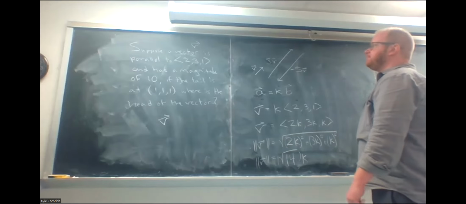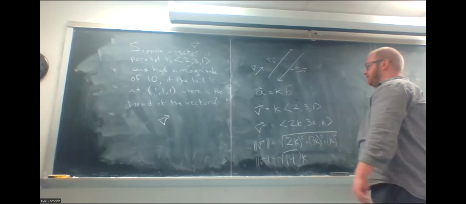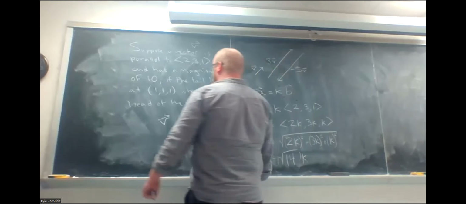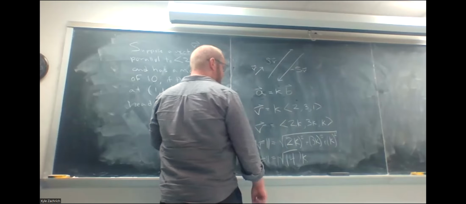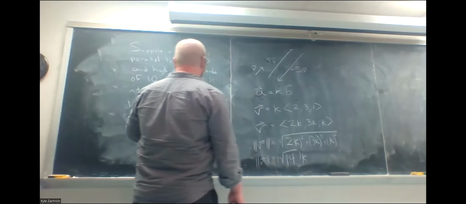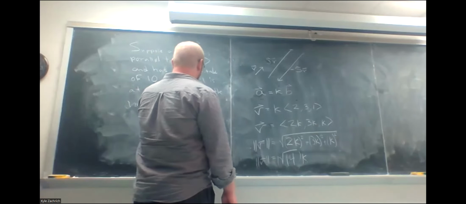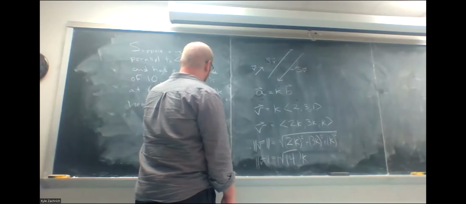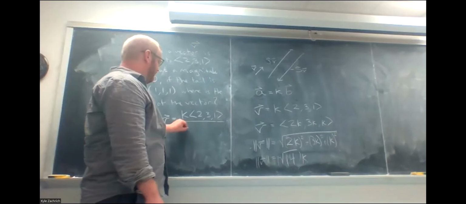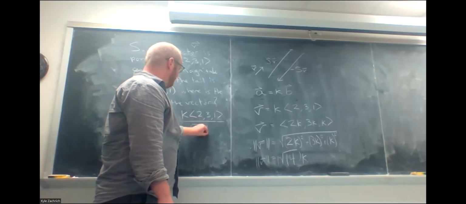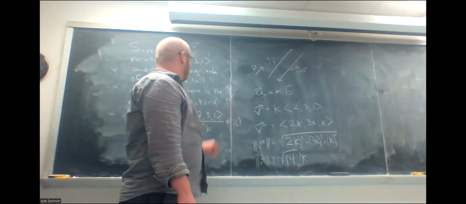And if it's parallel to that and has a magnitude of 10, our vector here is going to be k times 2, 3, 1 divided by square root of 14, times 10.